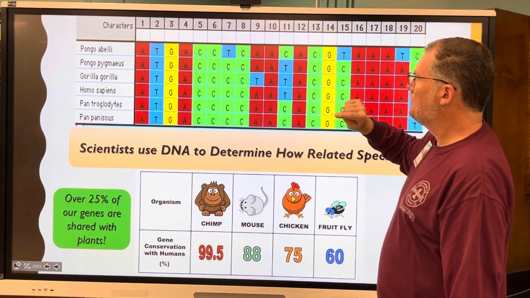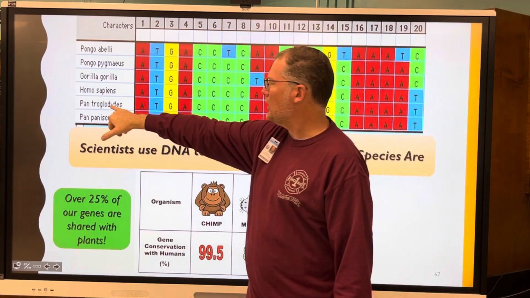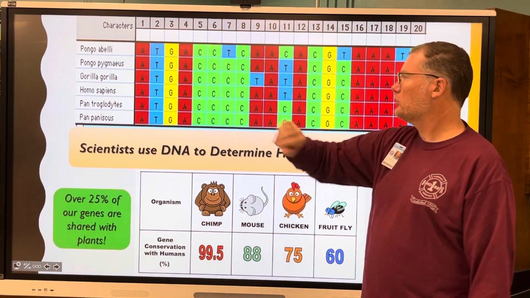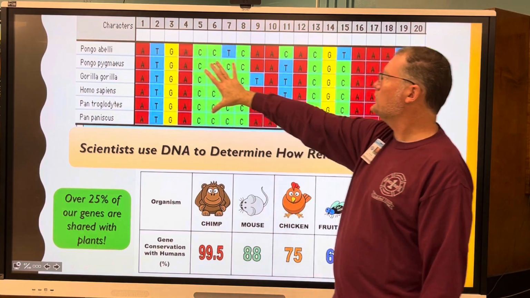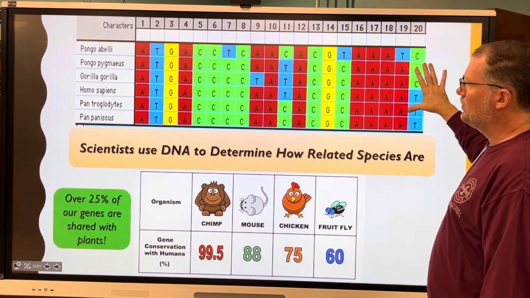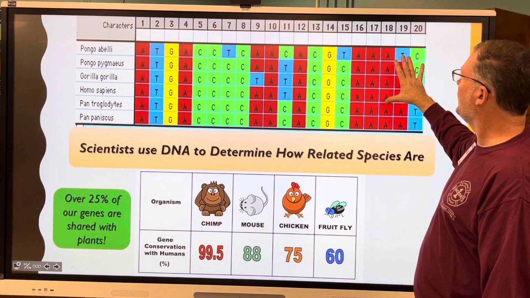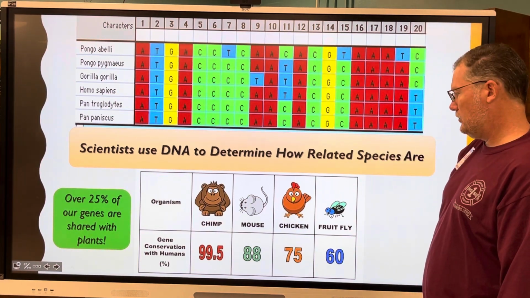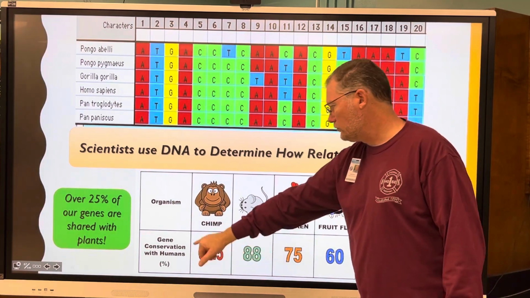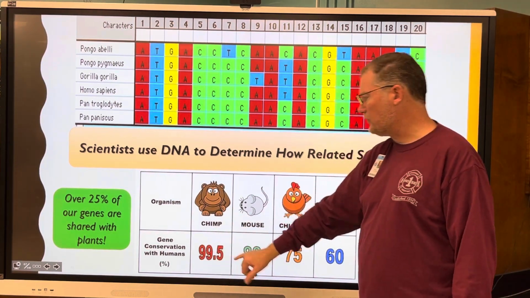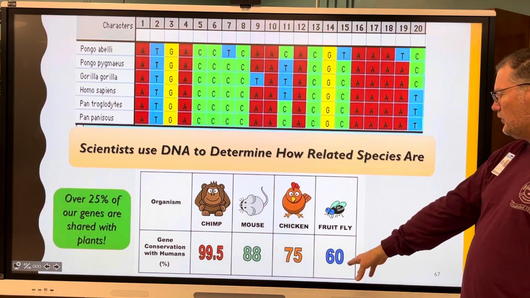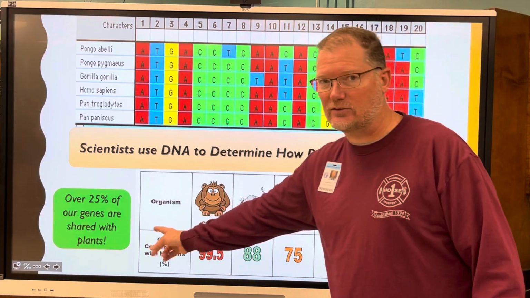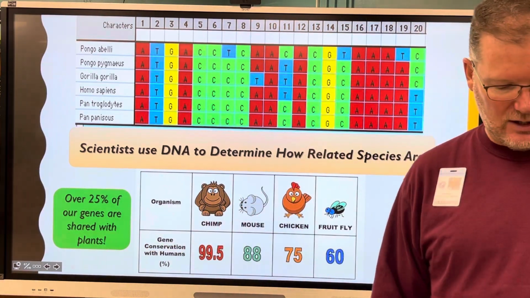Okay. I think that one actually might be orangutan. Pan troglodytes, but I don't know for sure. Anyway, so these are scientific names, and this is showing you all of the DNA sequences and how related they are, or the gene sequences. And so compared to humans, chimps have 99.5% the same, and even a fruit fly, 25% with plants. 25% of our genes are shared with plants.